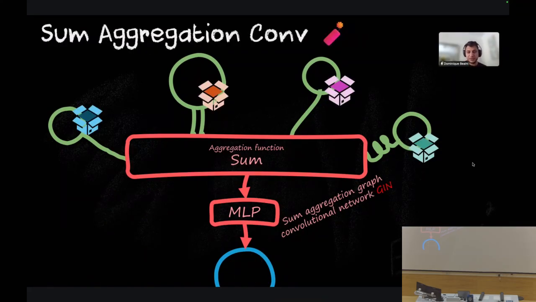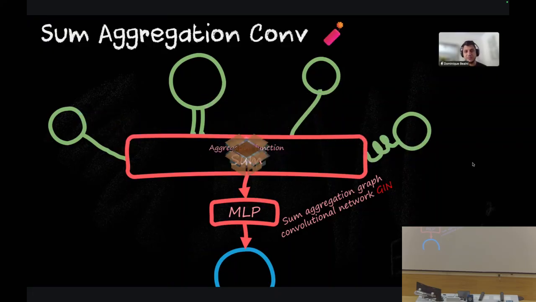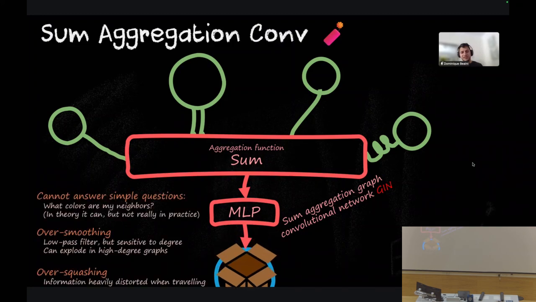Other architectures, for example the sum aggregation, you can think of it as essentially a bigger mean aggregation. Although in practice there are key differences. For example, the mean aggregation cannot even answer a simple question like how many neighbors does a node have? But with the sum aggregation, we can answer this question.